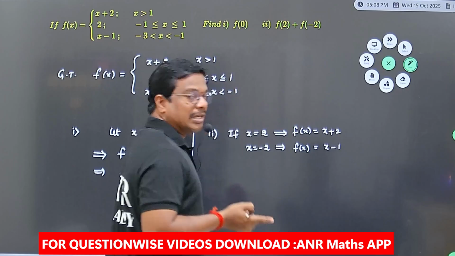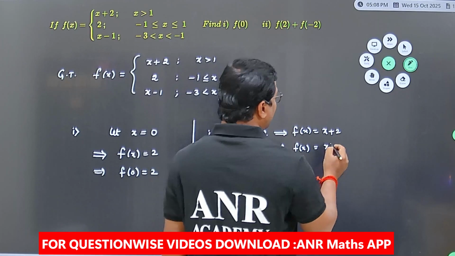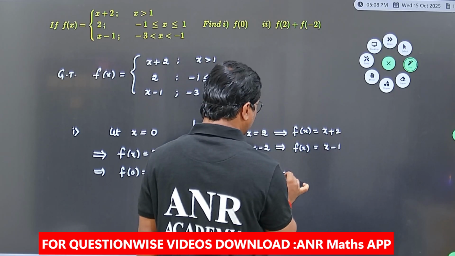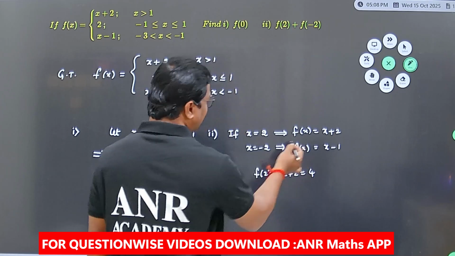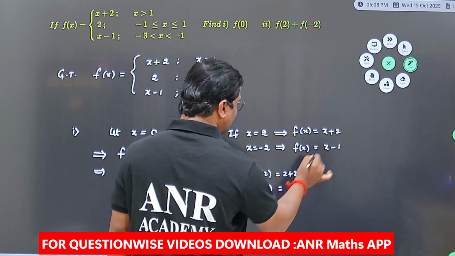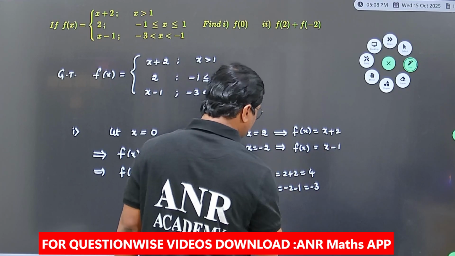Okay. Now from the first one I can write f of 2, that is 2 plus 2, that becomes 4, and from the second one f of -2, that is -2 minus 1 gives the result -3.